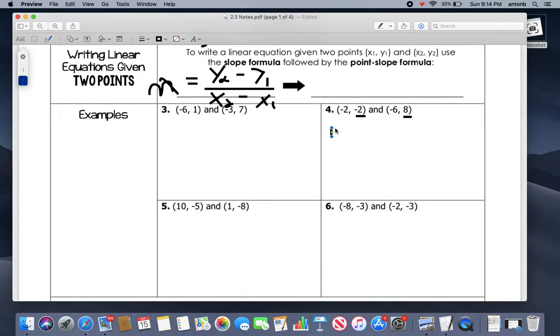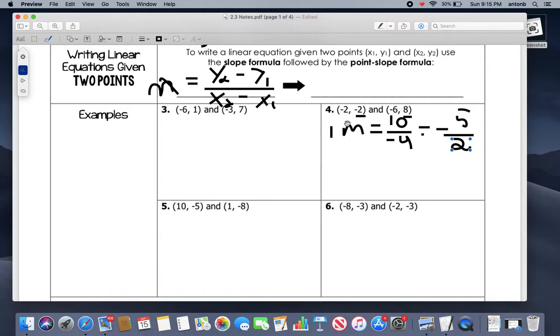So m equals 10 over x2, negative 6, minus negative 2, so negative 6 minus the negative 2 is really plus 2, so that is negative 4, which we can simplify down. We get negative 5 over 2.